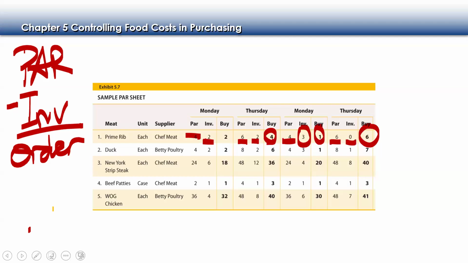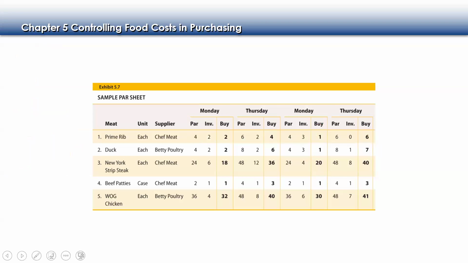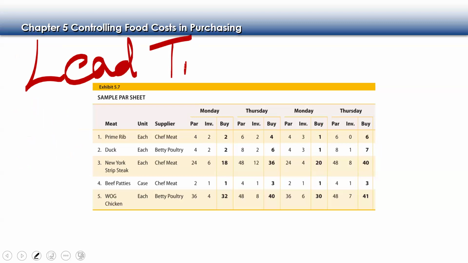Okay. Before we go through, the last thing on your page is a concept called lead time, L-E-A-D, lead time.